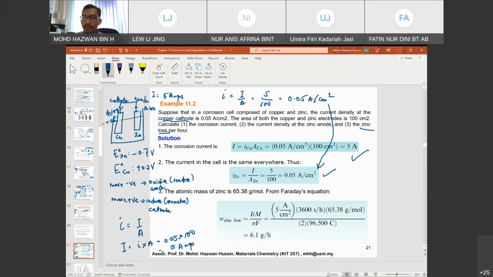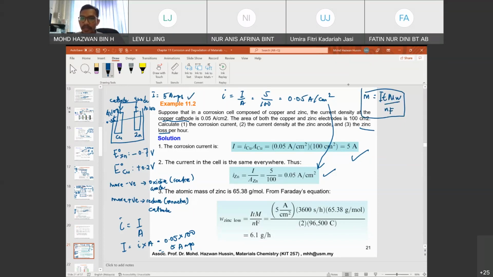And finally, the mass loss, because it says the zinc loss per hour. So what would be the formula just now? Metal loss, M is equal to what? M equals I T MW over n F. This is the formula using Faraday's law. Current value, we already have, 5.